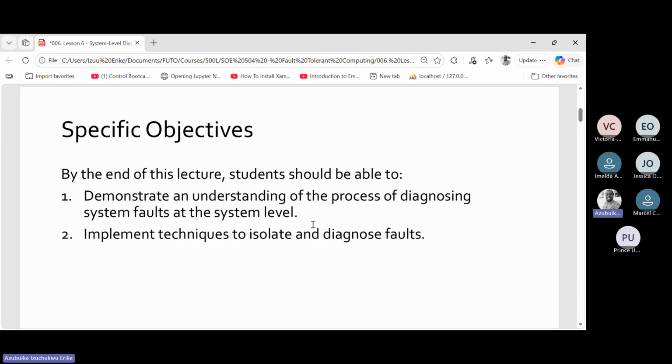So yesterday, what did we do yesterday? We started talking about modeling availability and the reliability of a system. Now, assuming a system has issues, how do we start diagnosing the system to see if there's any fault in the system?